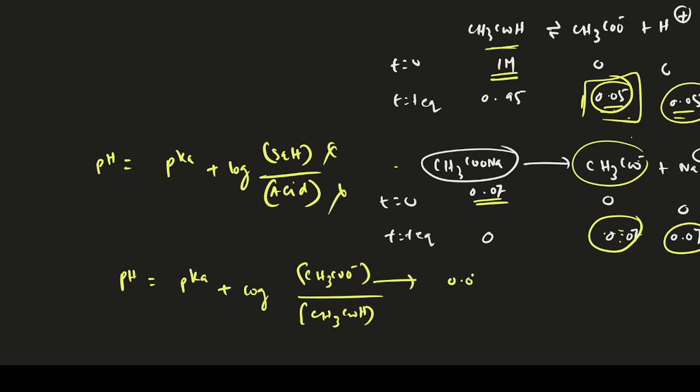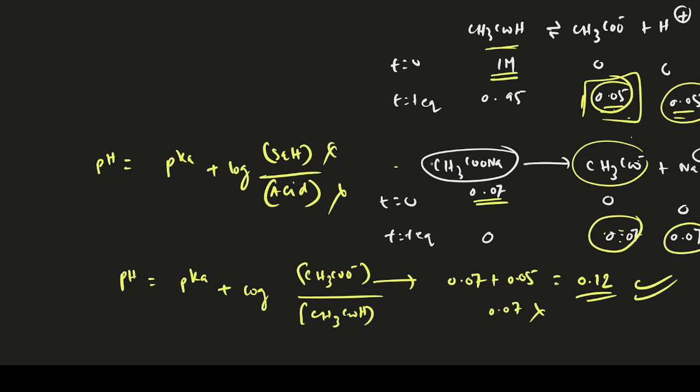One is 0.07 plus 0.05, so that value will come 0.12. So this value will not be 0.07.